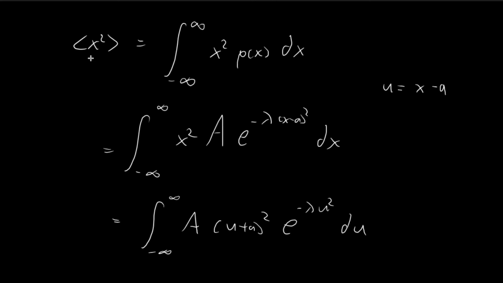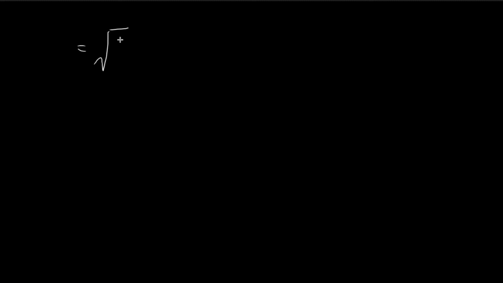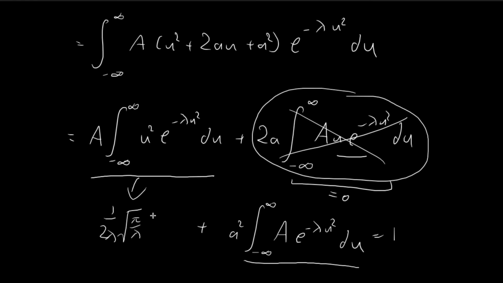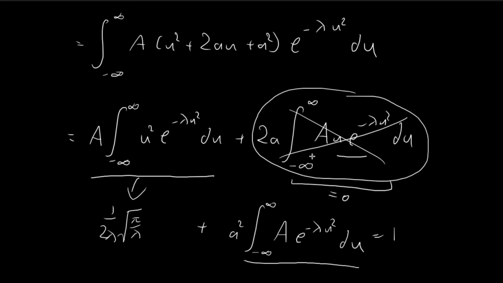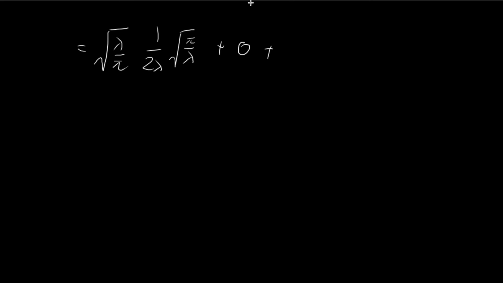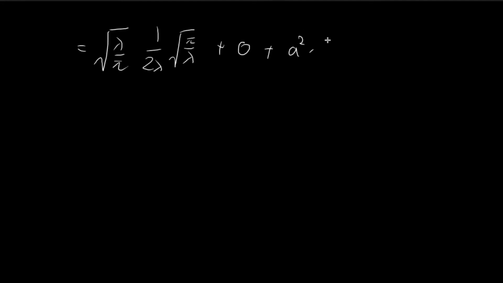So remember, what we're looking for is the expected value of x squared, and now we know that the expected value of x squared is equal to capital A, which we found in the last video is just equal to square root of lambda divided by pi, and then we have 1 over 2 lambda and then square root of pi divided by lambda, and then plus 2a times 0, so we have plus 0, and then here we have a squared times 1, so plus a squared times 1.